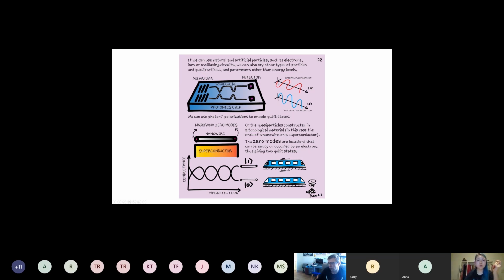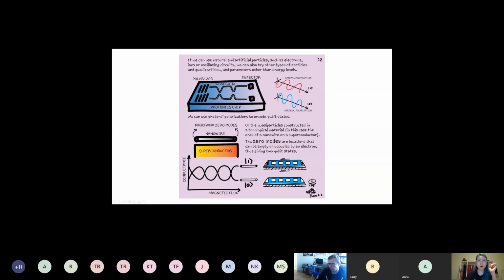But this topological way is to use global parameters instead of local parameters like your electron spin or where your electron is, and to look at the global behavior of your whole system, such as conductance in your nanowire.